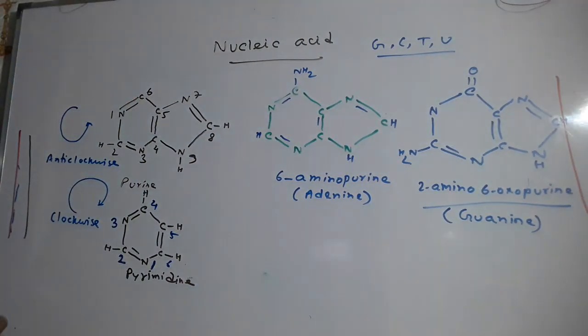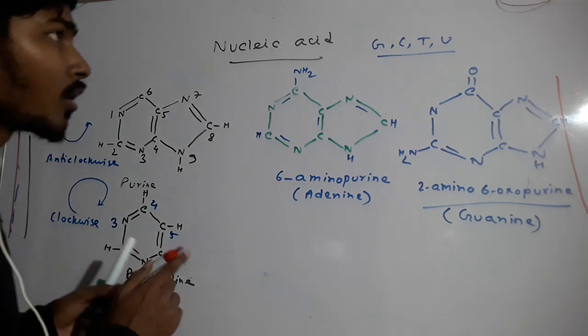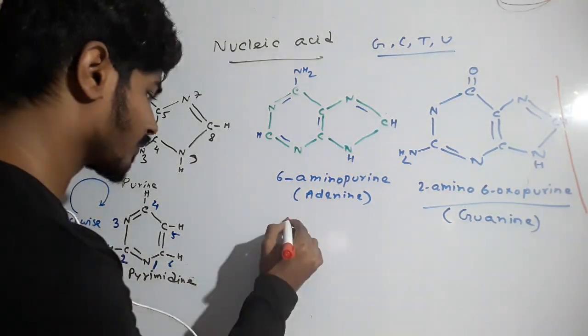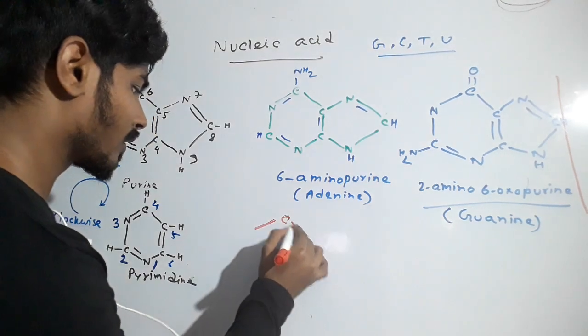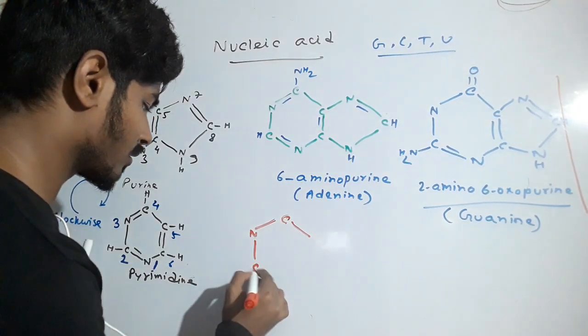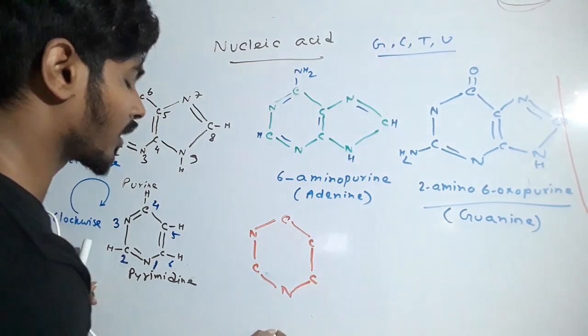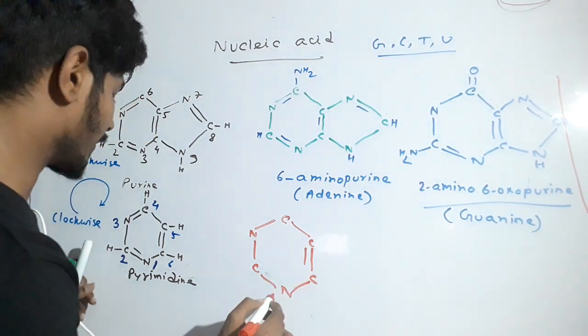okay. Now if you want to draw the structure of the cytosine, let us draw the structure of cytosine first. Carbon, nitrogen, carbon, nitrogen, carbon, nitrogen, carbon, okay. Now we have this double bond here.